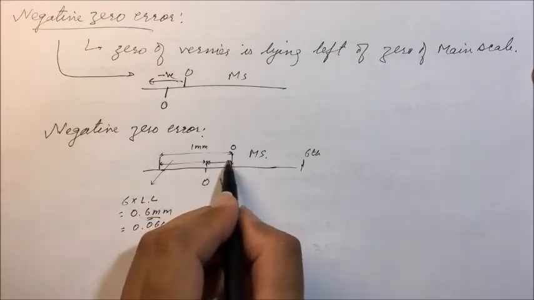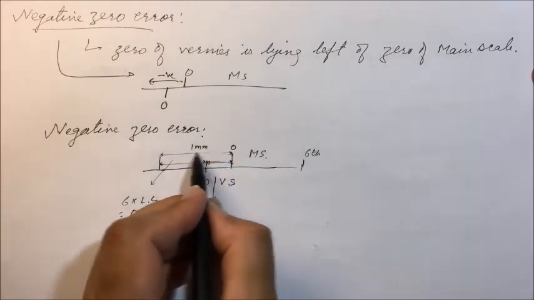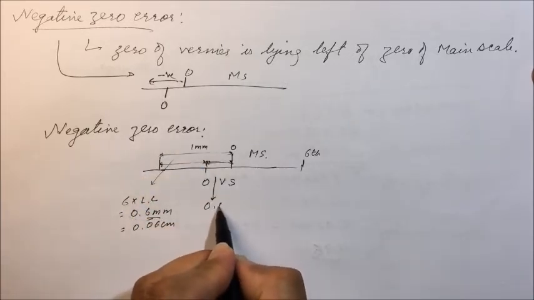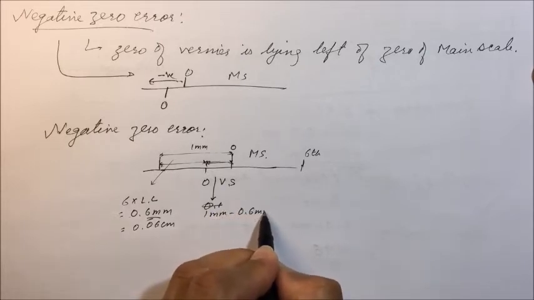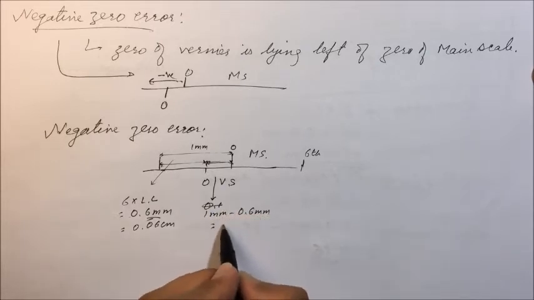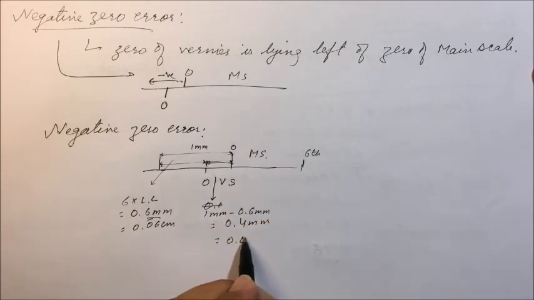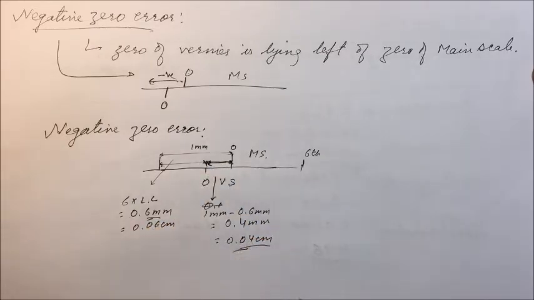The remaining length will be: this total is 1 mm, this is 0.6 mm, so it will be 1 mm minus 0.6 mm, that is 0.4 mm or 0.04 centimeters, and this is our negative zero error. This is one way to calculate.